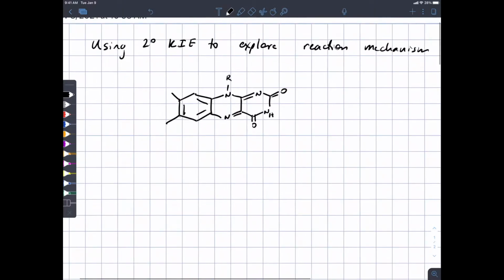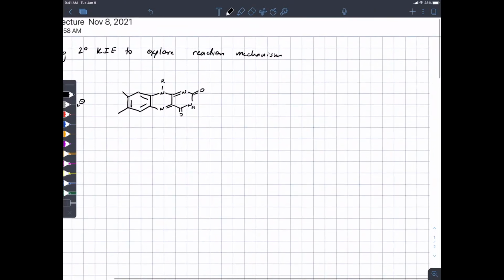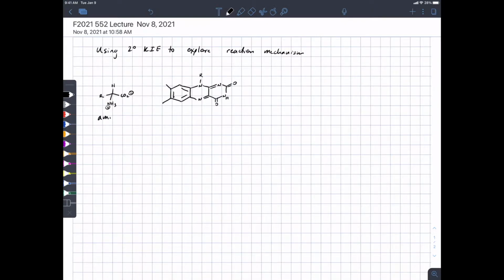And what this reaction involves is the oxidation of an amino acid, which I'm just going to draw like this and not worry about the stereocenter. But this reaction will reduce the amino acid, or sorry, oxidize the amino acid to an amino acid, right.